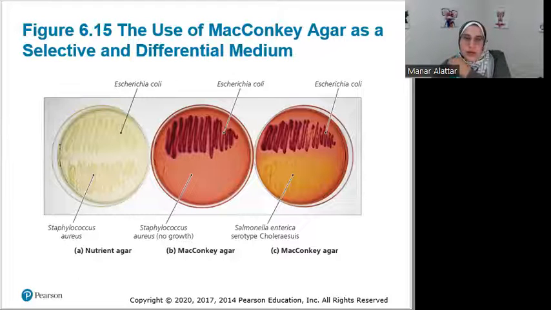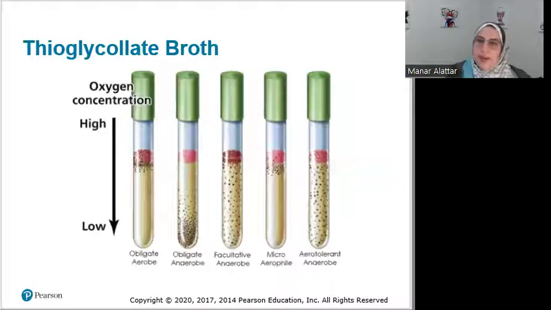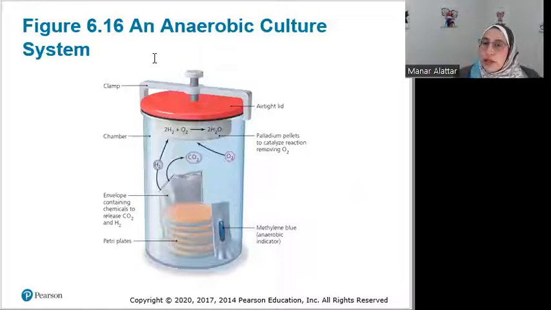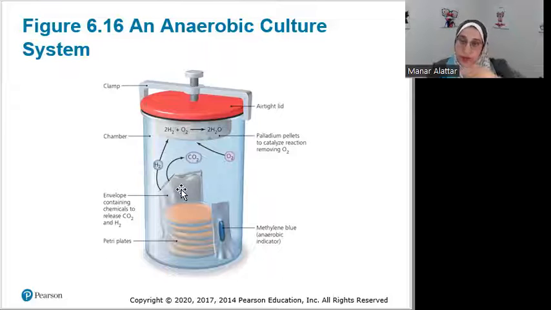Now, I promised that I would show you how you could do any of these tests with aerobes or anaerobes. Save this thioglycolate broth, which has embedded within it a test for response to oxygen levels. But you could do any of these tests other than that thioglycolate one on either aerobic or anaerobic cultures. The way you would do that is to put it in a jar, and we have bags that you open up and they will chemically scrub out the oxygen from that environment.